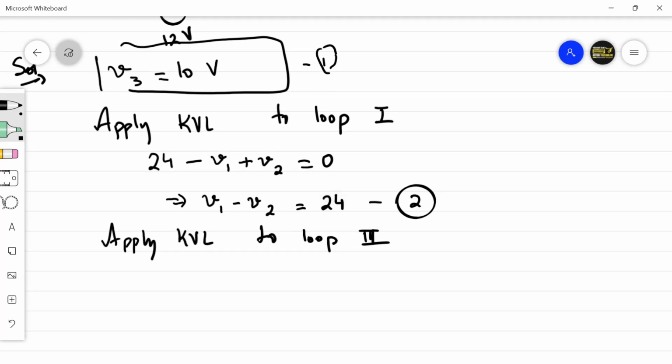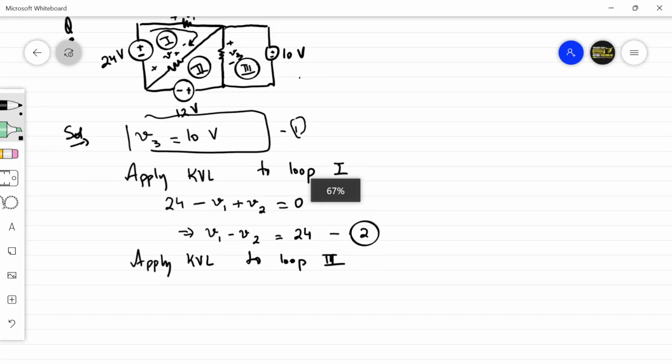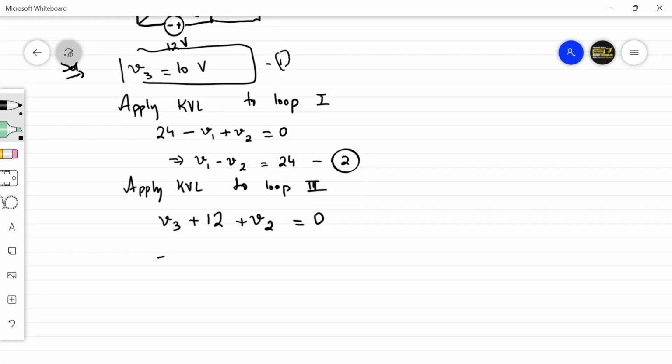Applying KVL to loop 2. Current is moving in this direction. We can write this as V3 plus 12 plus V2 is equal to 0, which implies V2 plus V3 is equal to minus 12.